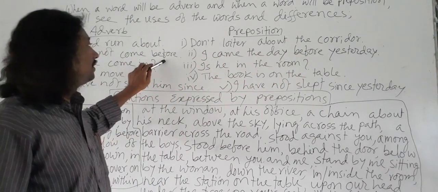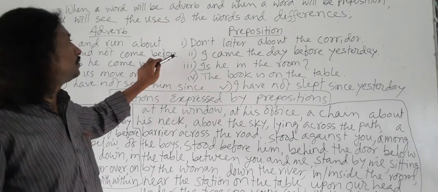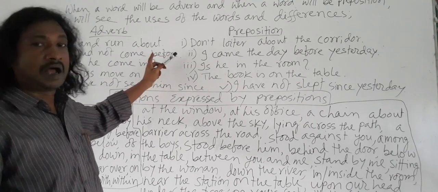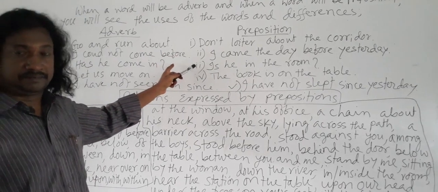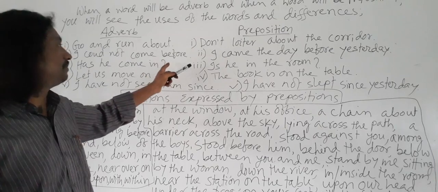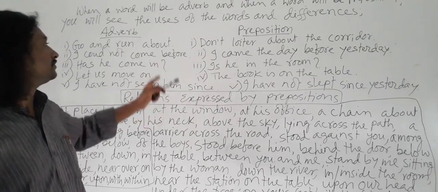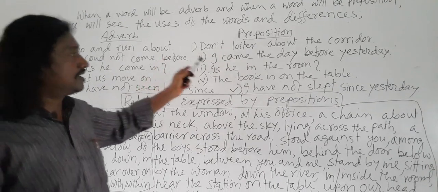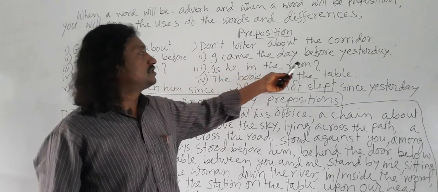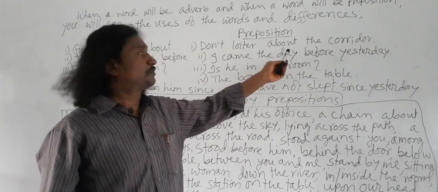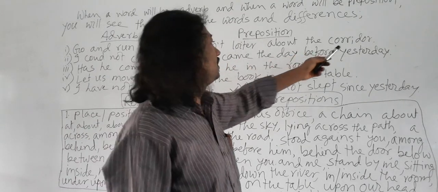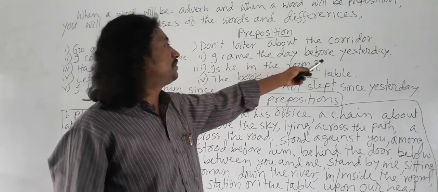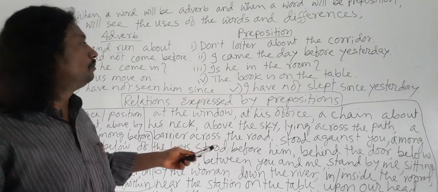Here it is an adverb, and there is no noun or pronoun or any word after the adverb, after this word, about or before, or in or on. So these are the adverbs we use. The same words have been used here as prepositions. Don't loiter about the corridor. I came the day before yesterday. Is he in the room?